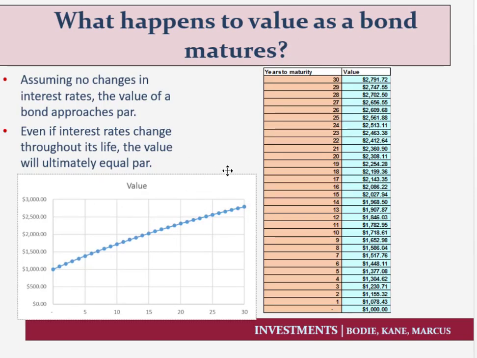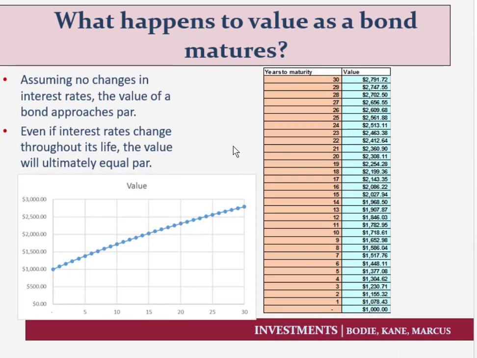So here's what I got from the bond valuation mechanism. We started at 30 years. We worked our way down, right? Assuming no changes in interest rates, the value of a bond approaches par. As time moves, we ultimately end up at $1,000.